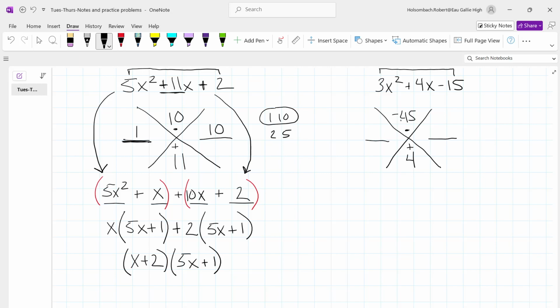So we list the factors of 45, which are 1 and 45, 3 and 15, 5 goes 9 times. All right, and you can see here now that with a 5 and a 9, the difference is 4, and 5 times 9 is 45. So those are the two factors we're going to use.